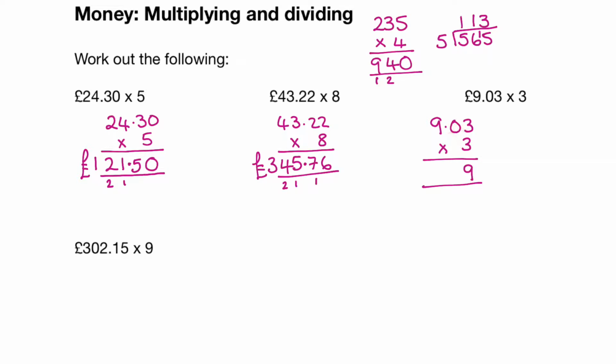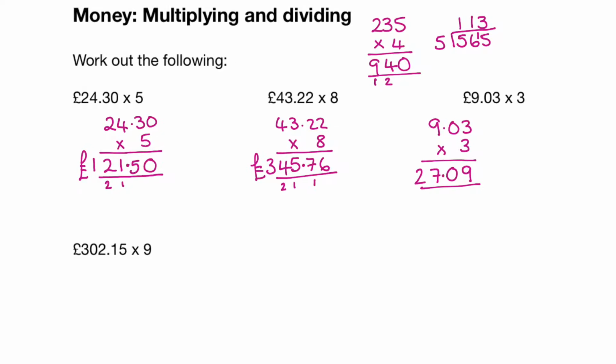Then 0 times 3 is 0, no carrying required. And 9 times 3 is 27, so we'll put that there because we've nothing else to work out. And again, in the question, there are 2 numbers after the decimal point, so we need the same for the answer and a pound sign.